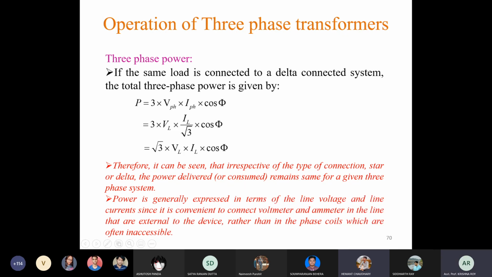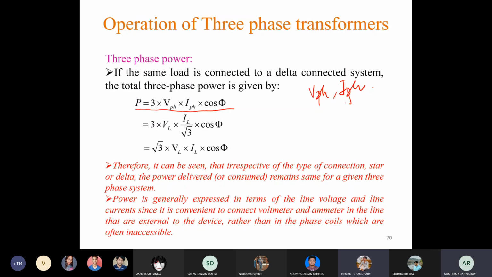Power is generally expressed in terms of line voltage and line current, since it is convenient to connect a voltmeter and ammeter in the line that are external to the device, rather than in phase coils, which are often inaccessible. We can express the power by the phase equation also, but it is very difficult to measure V phase and I phase, because we cannot connect a voltmeter inside the system, or an ammeter to measure the per phase power.